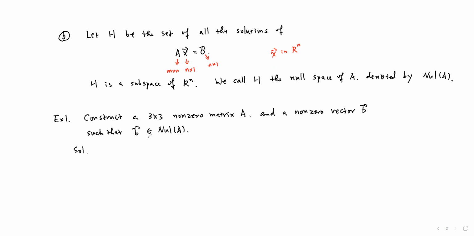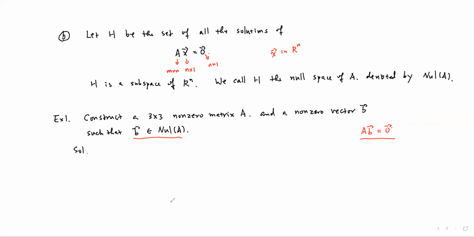That means that b is a solution of this linear system. In other words, A times b is 0. Now, can you construct A and b so that A times b is 0? There are many solutions.